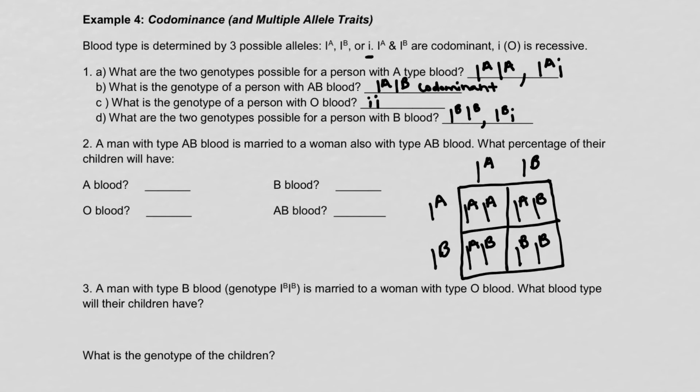We'll just shade these as we go. This would be the A blood percent. So 25%. You can also see that 25% have B blood. And then this leaves this 50% AB blood. And in this case, 0% have O blood.